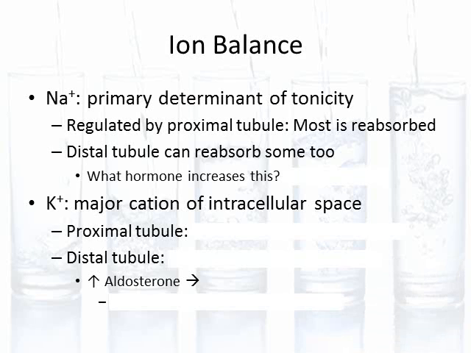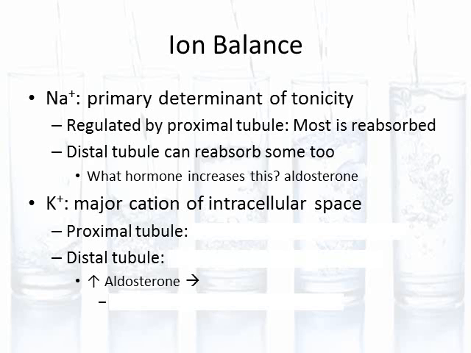Most of the sodium that gets filtered out of the blood in the filtrate at the glomerulus is going to be reabsorbed immediately right there by the proximal tubule. The distal tubule can reabsorb some too, especially in the presence of lots of aldosterone. We'll talk some about that here in a sec.